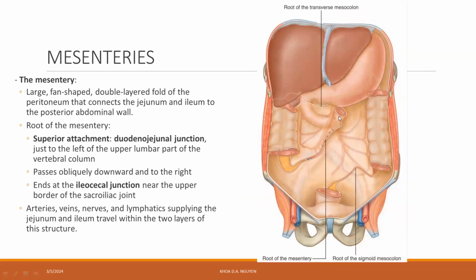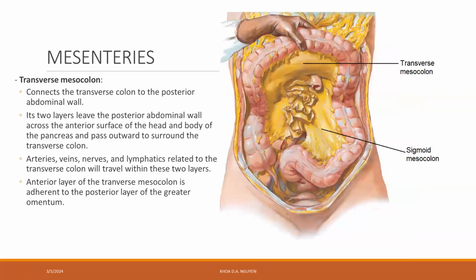Okay, so one more look into the root of the mesentery. Okay, it extends all the way from here, the duodenal-jejunal junction, all the way down here, ileocecal junction. All right, so now let's talk about transverse mesocolon. Transverse mesocolon is this mesocolon that suspends the transverse colon to the posterior abdominal wall.